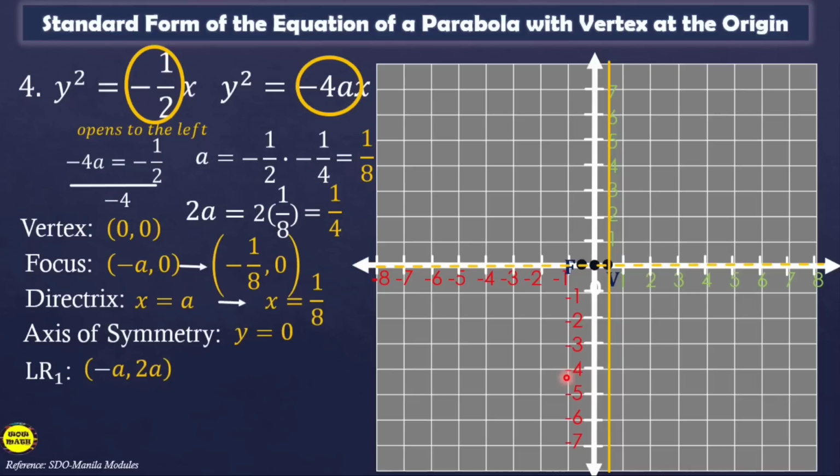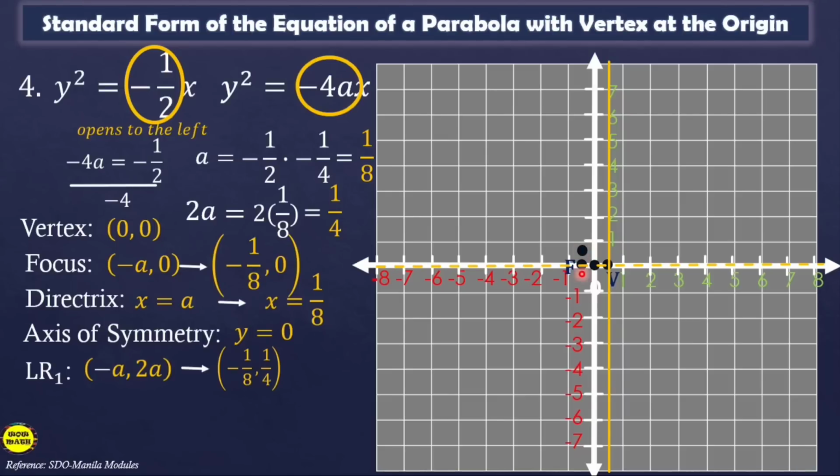And then, after that, kunin natin yung end points ng latus rectum natin. So, ilan yung idadagdag natin? 1/4. Ang 1/4 ay 0.25. So, mag-move tayo ng 0.25 mula sa focus, saan papunta? Papunta sa taas at papunta sa baba. So, that is negative 1/8 or negative 0.125 and 0.25. So, masyadong maliit lang yung i-move natin.